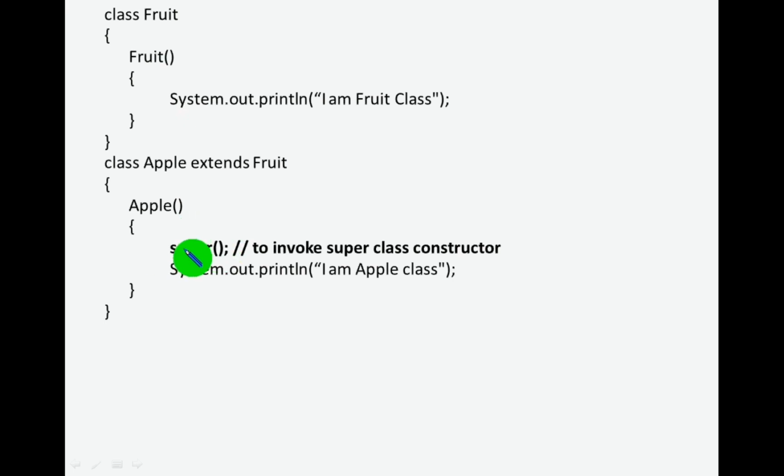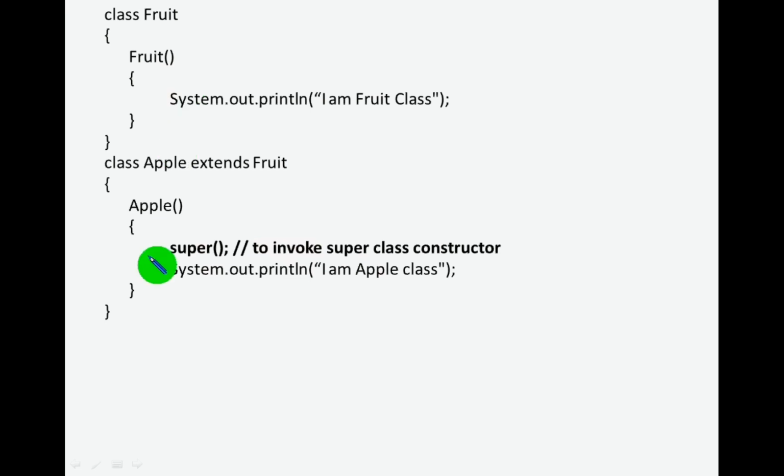Suppose we are going to invoke a member variable or method of the superclass, what is the way? Super dot member variable or super dot method name. But here, note down this empty parenthesis. By using this, we are going to invoke the superclass constructor, which is nothing but Fruit.